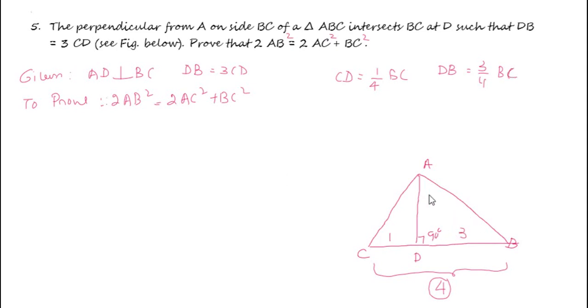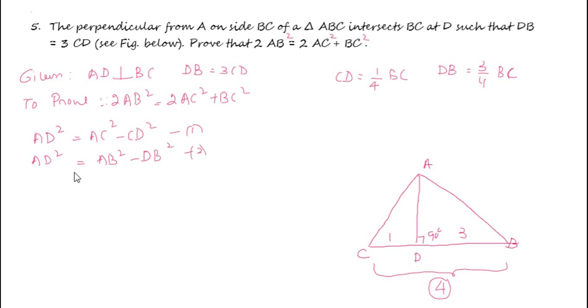Now let us take the triangle ACD, then AD square equal to AC square minus CD square. If you take triangle ADB, then AD square equal to AB square minus DB square.